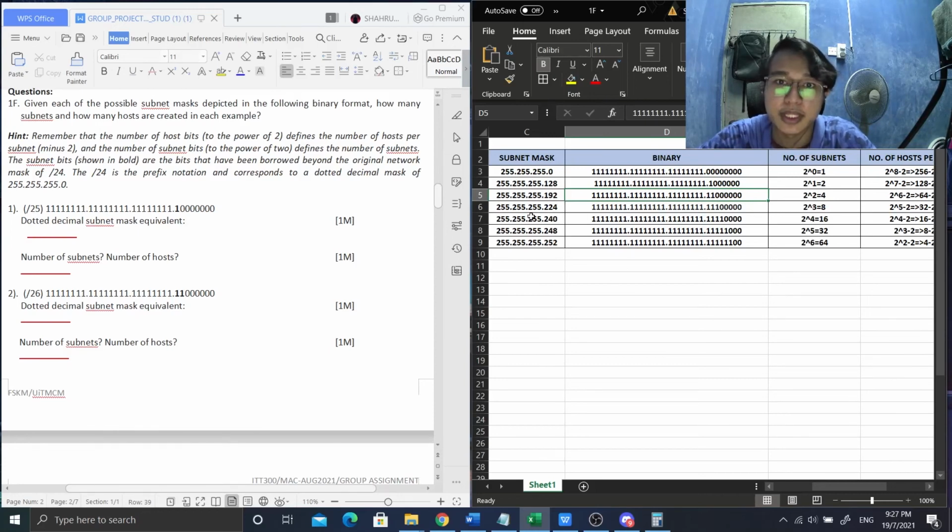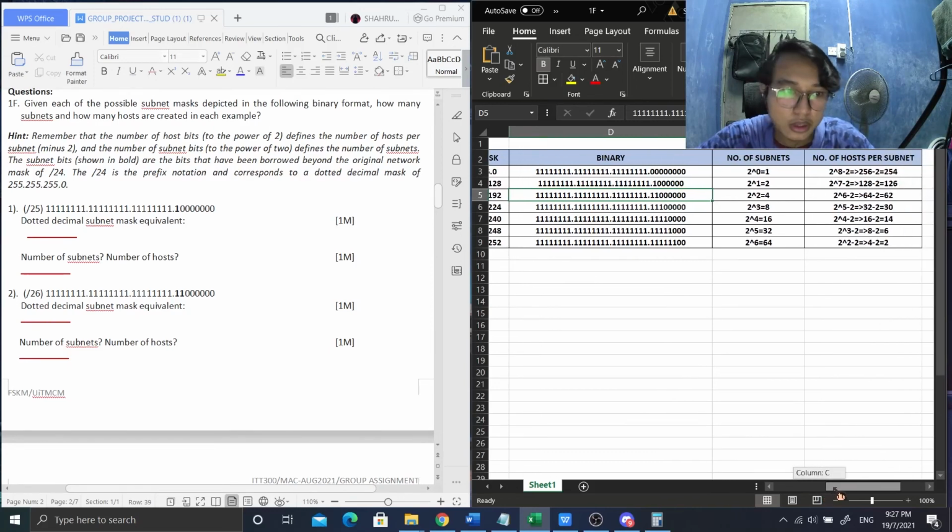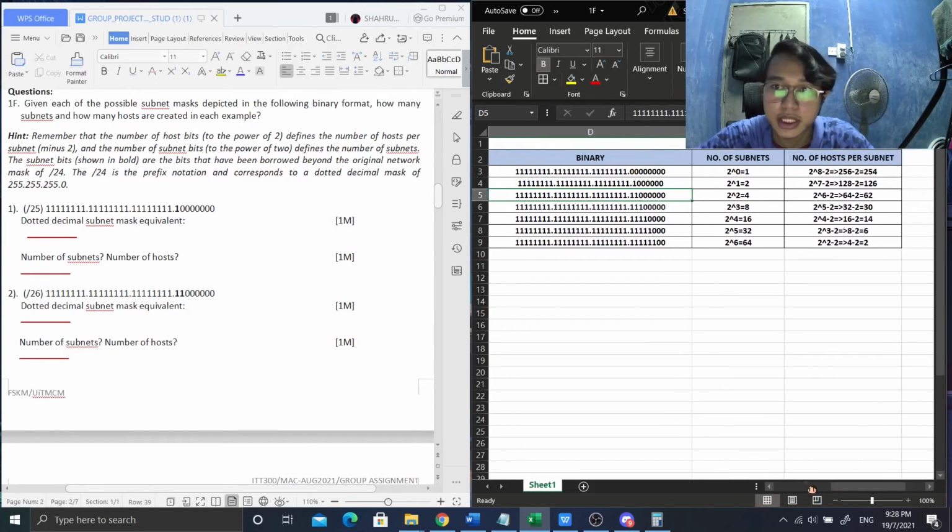So that's the subnet mask for slash 26. For the number of subnets and number of hosts per subnet, we have 2 bits, so 2 power of 2 equals 4. So we have 4 subnets. For the number of hosts, 2 power of 6 minus 2 implies 64 minus 2 equals 62.